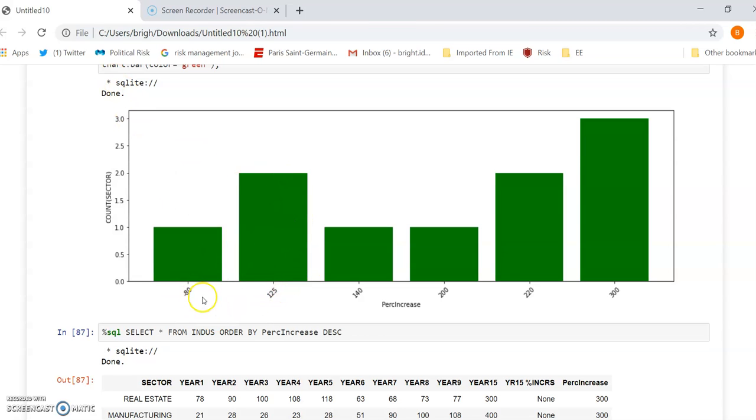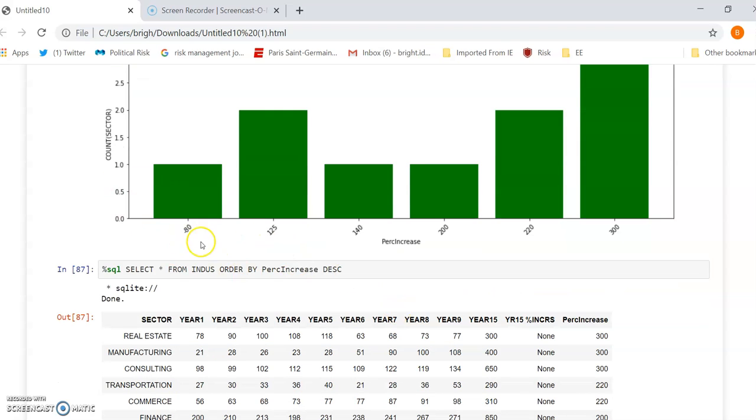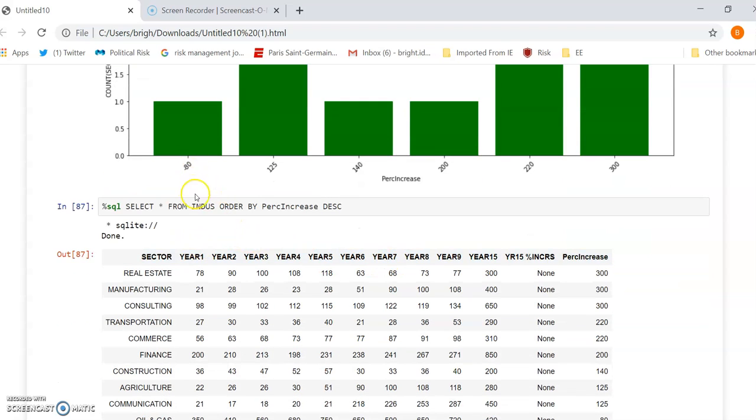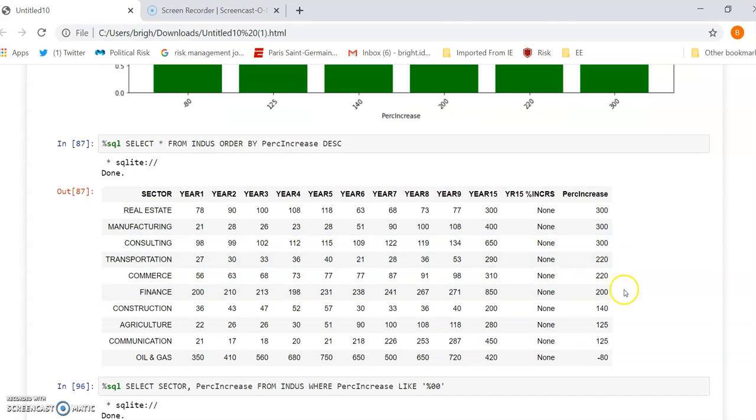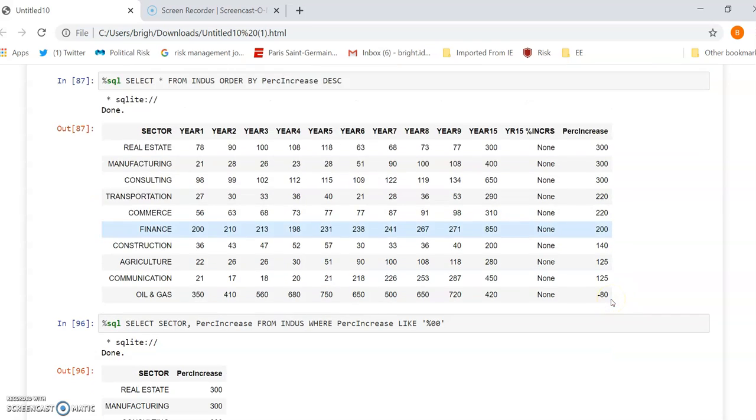But notice here the oil and gas sector: they projected a decrease in the years to come, maybe due to increased use of electric vehicles and reduction in the use of fuel, gas, and crude oil.